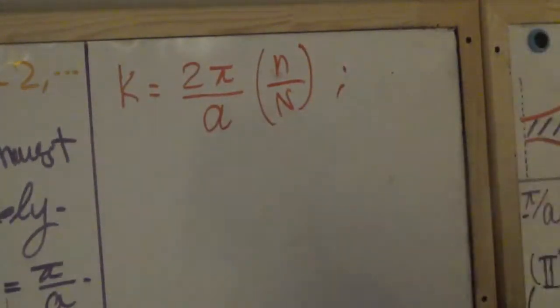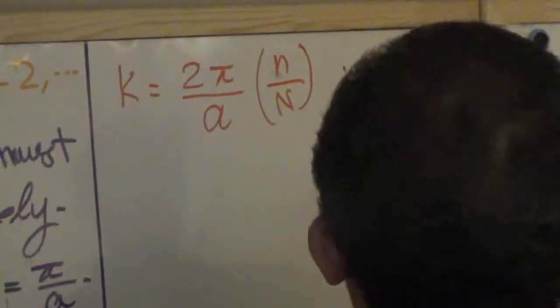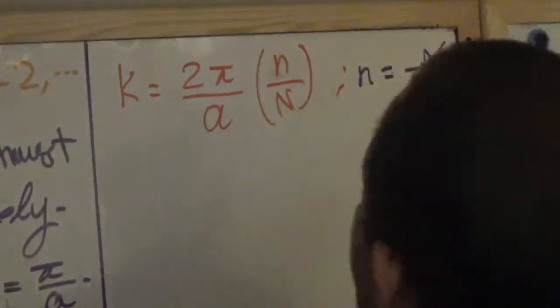So we know that k is equal to 2 pi over a times n over N, and I will now apply that. I will have now n equal to minus N over 2 and see what will happen.